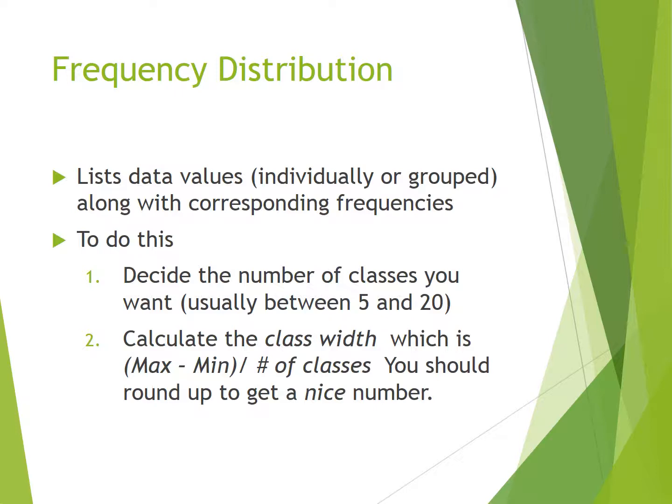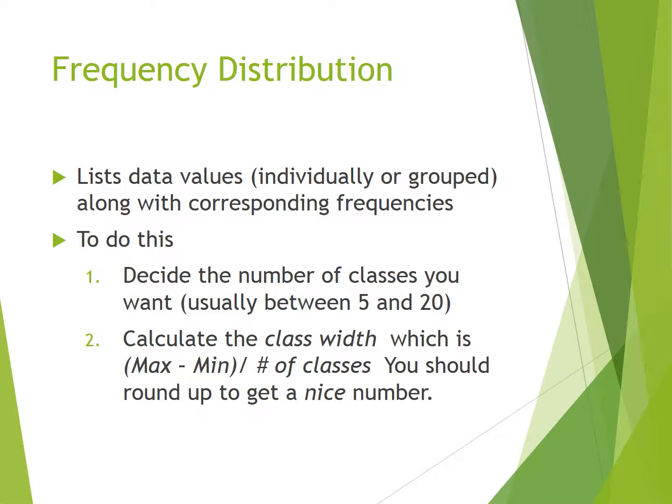Anything less than 5 and you haven't grouped enough. Anything more than 20, you've grouped so much that you're not benefiting from the grouping. Another rule of thumb is that the number of groups should be approximately the square root of your sample size. These are all just guidelines, not hard and fast rules.